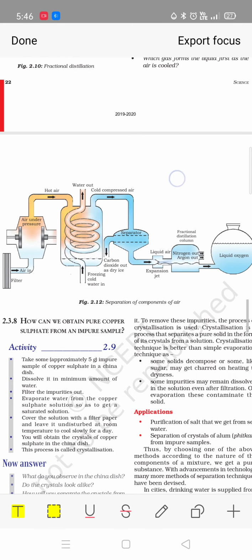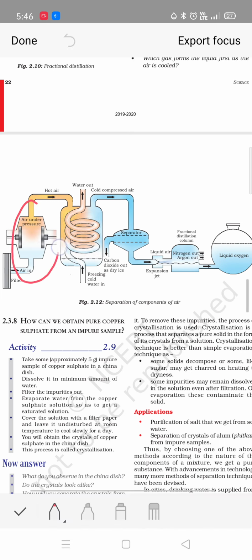Now let's take a look here. The first step is you have to compress the air by using the compressor, as you can see. Then you have to cool the air by decreasing the temperature.